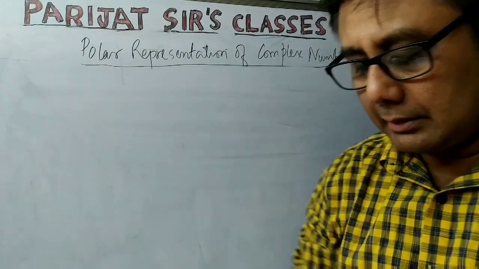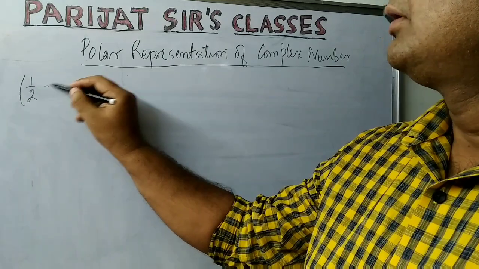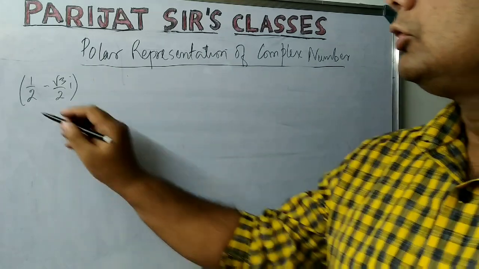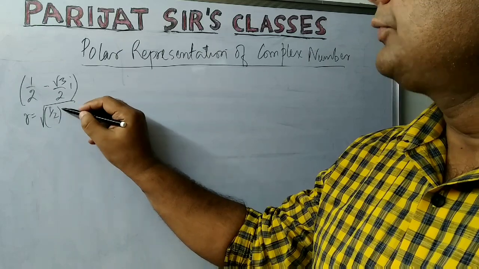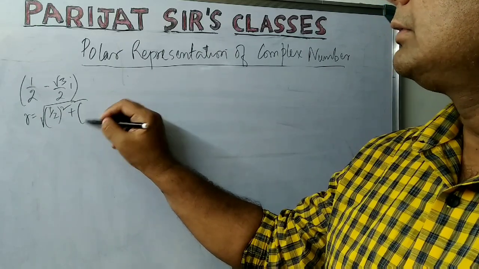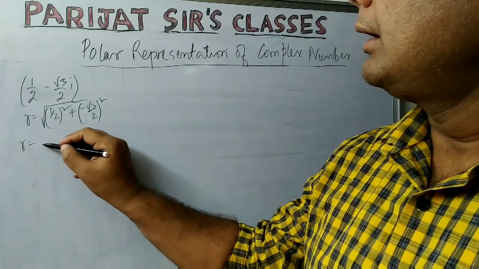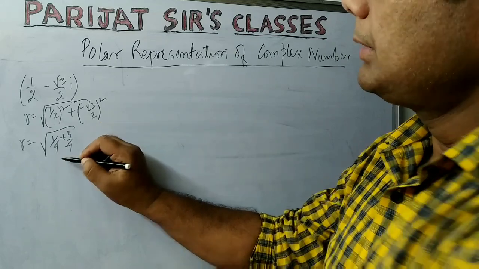Suppose I take half minus root 3 by 2i. So again, r will be root over half square plus minus root 3 by 2 square, and r is coming out to be 1 by 4 plus 3 by 4.